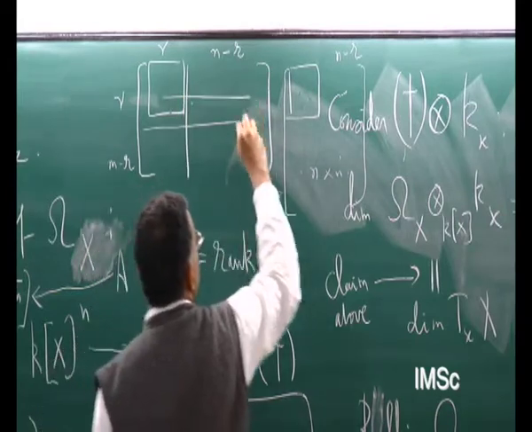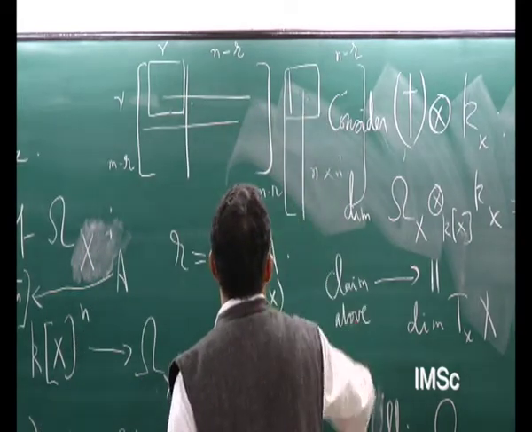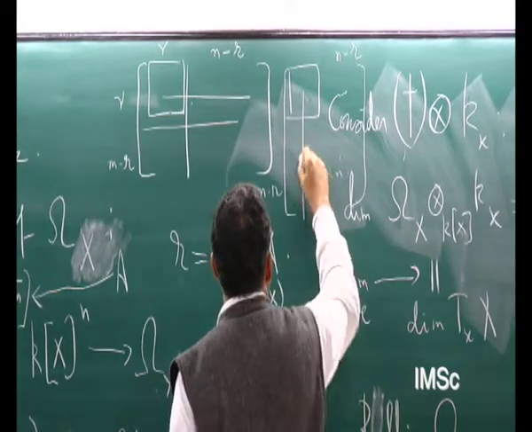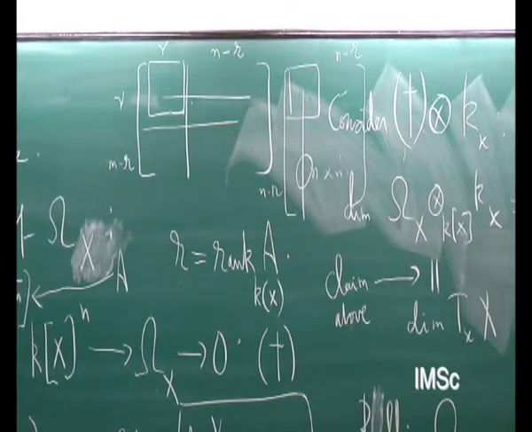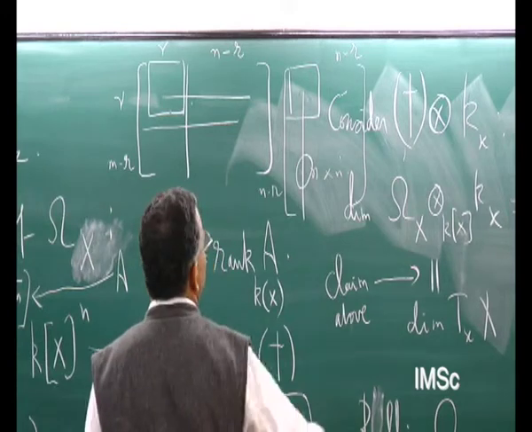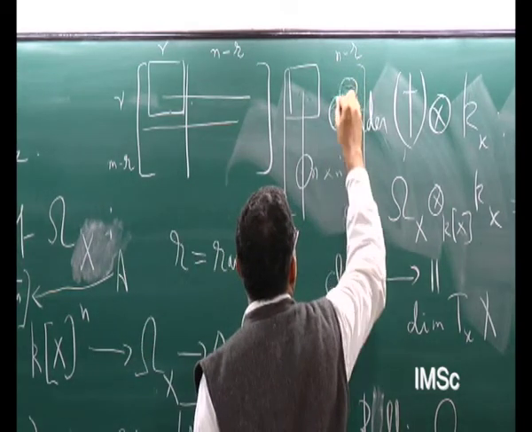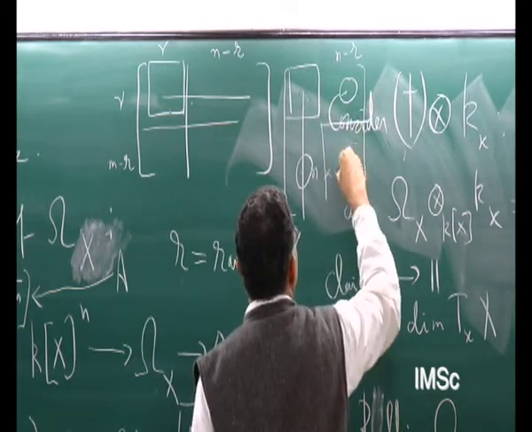When I multiply this with this, I want to get 0 here, and then I don't care. I put something 0 here, and some invertible matrix here.